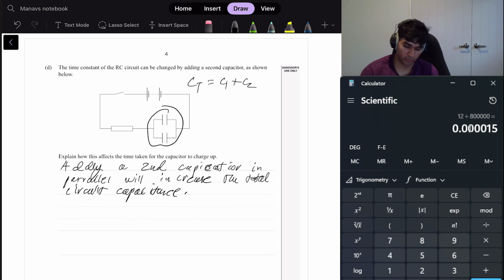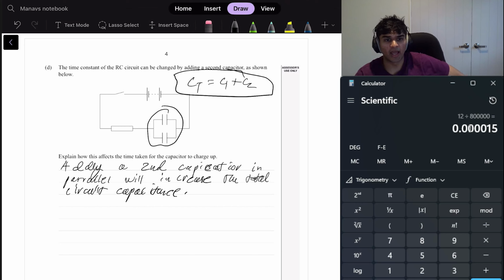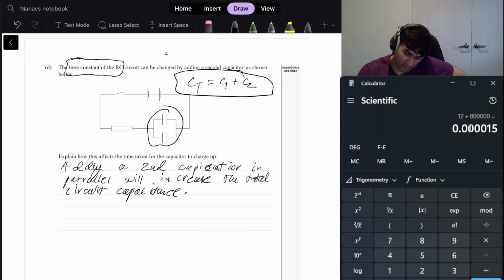Okay, so we know that much for sure because we get this equation. We're looking for the time constant. Tau equals RC.